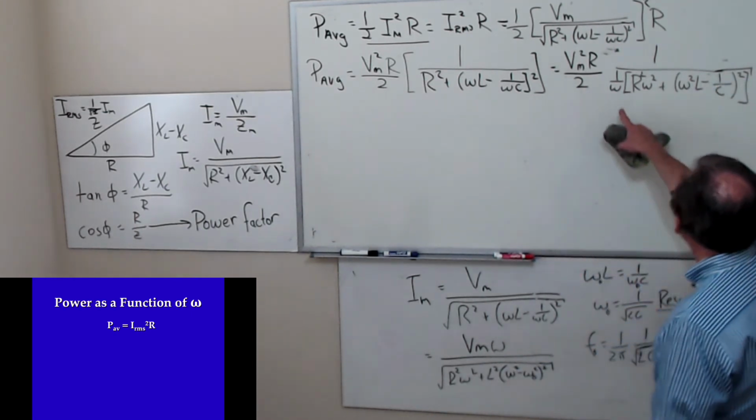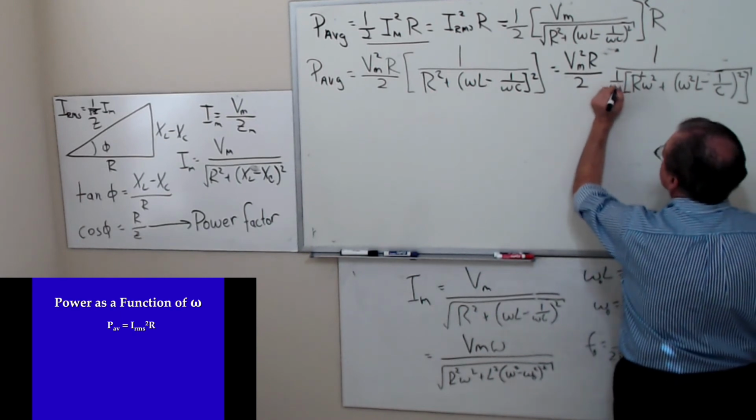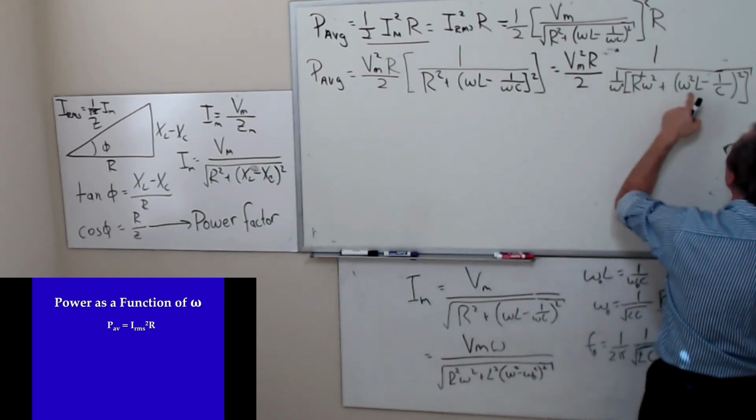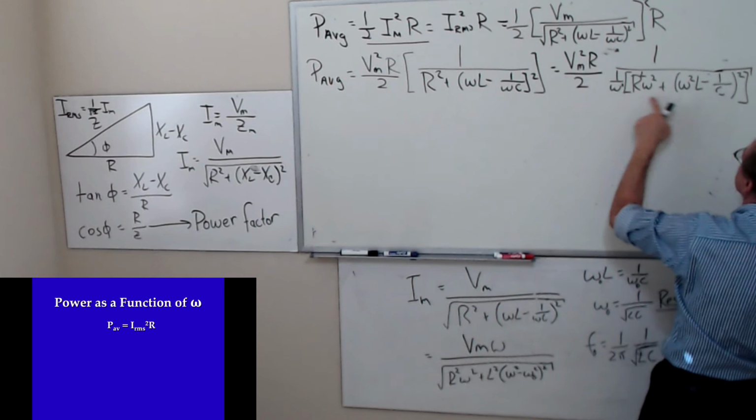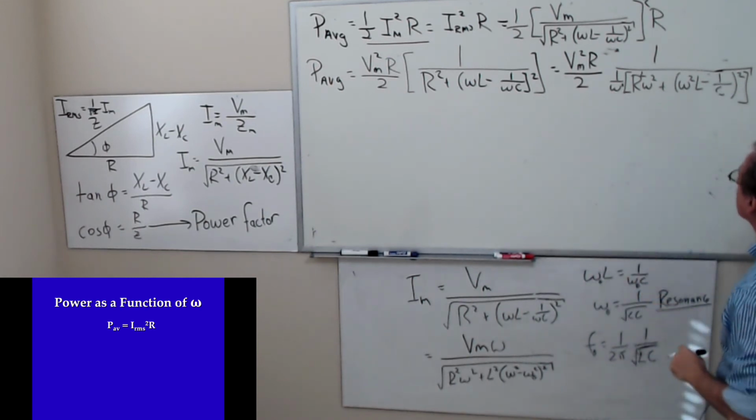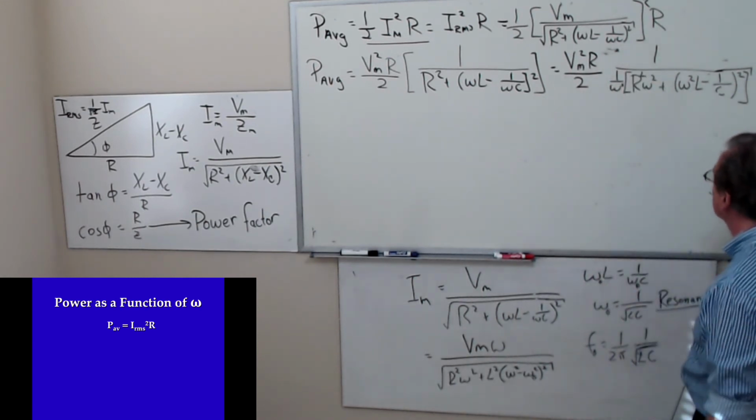Then of course this omega, oops, this is squared, because when I factor out the 1 over omega in here, this is squared, so I've got to put the squared over there. Of course, this is going to go up on top.